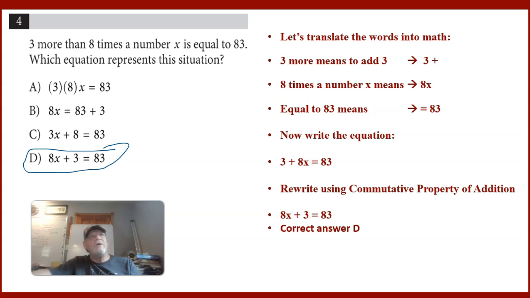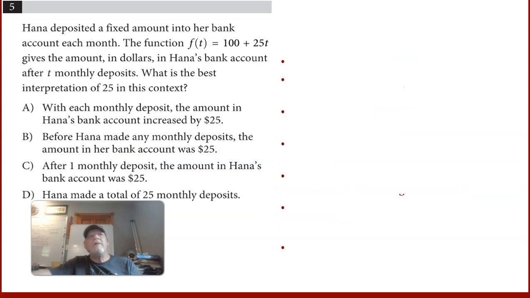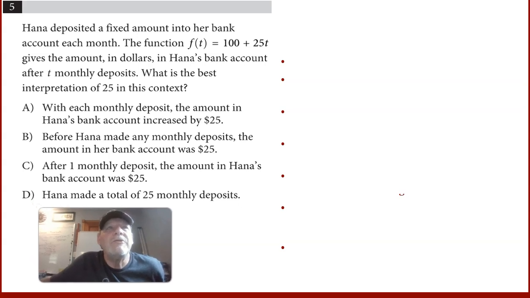Now let's move on to number 5. A little bit longer problem now, so let's just read through it first, and then you can pause it and work it out. Hannah deposited a fixed amount of money into her bank account each month. The function f of t equals 100 plus 25t gives the amount in dollars in Hannah's bank account after t monthly deposits.